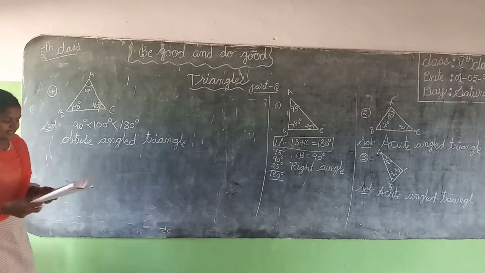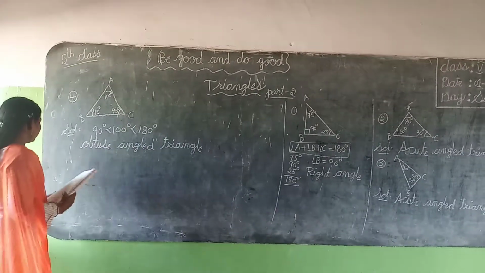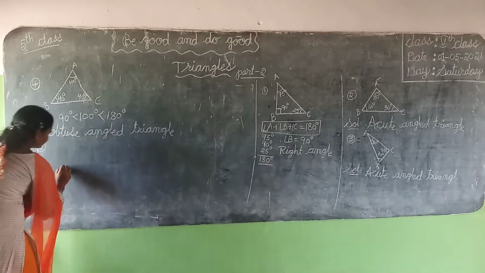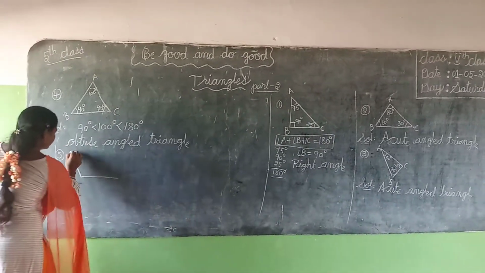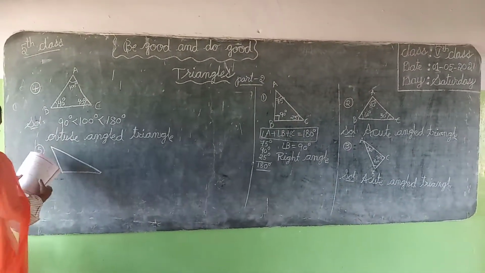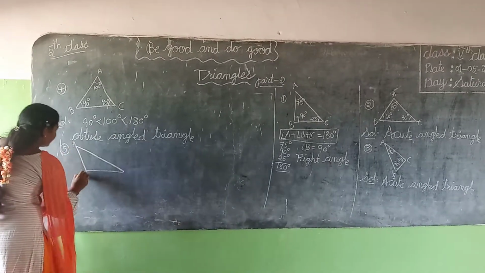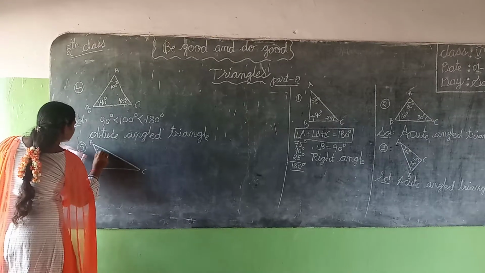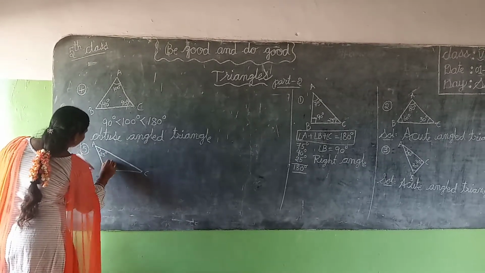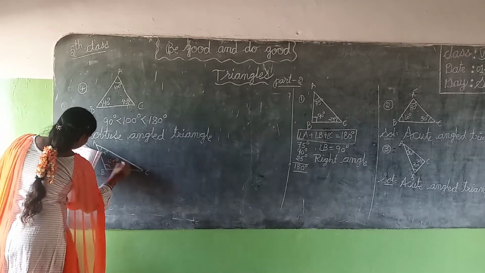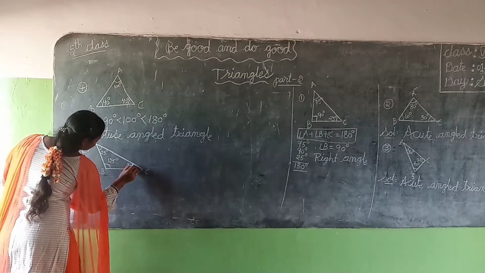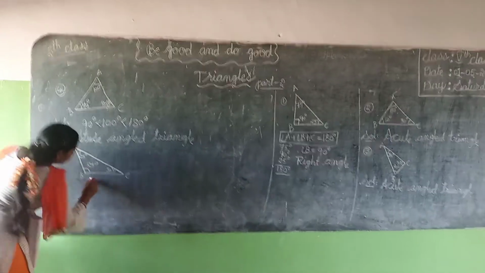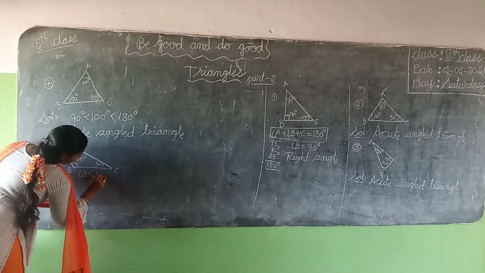Okay children, next, draw that fifth question diagram. So what is it? In this, angle A, angle B, and angle C. Angle A is equal to 25 degrees, angle B is equal to 125 degrees, angle C is equal to 30 degrees. So here angle B is equal to 125 degrees.